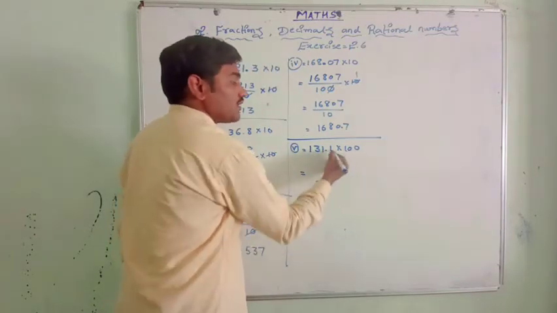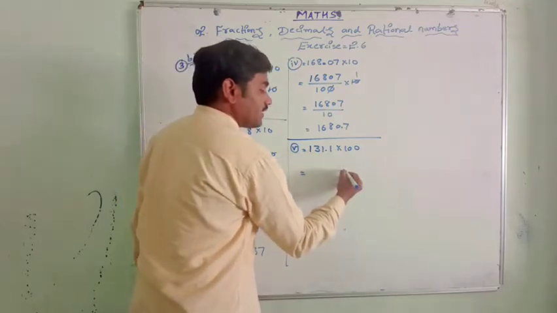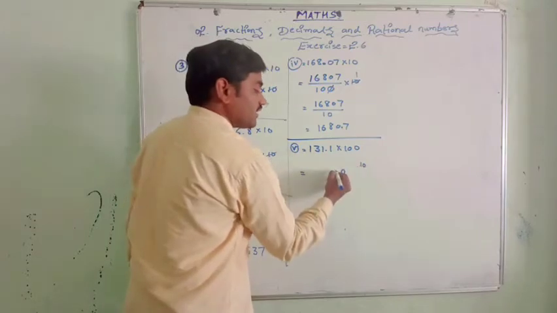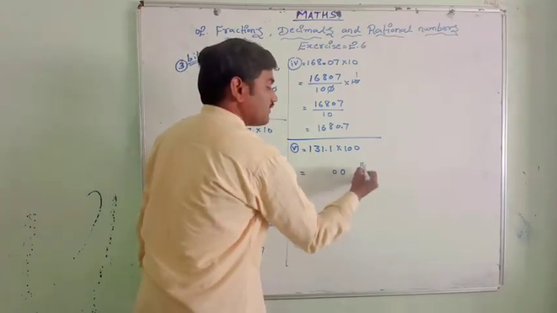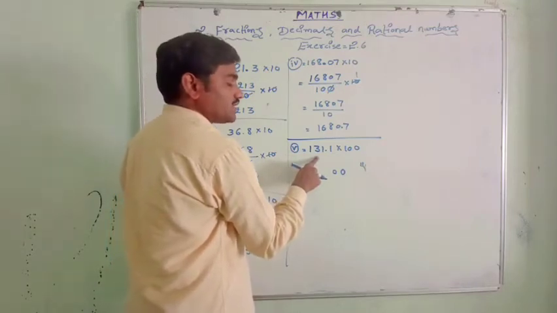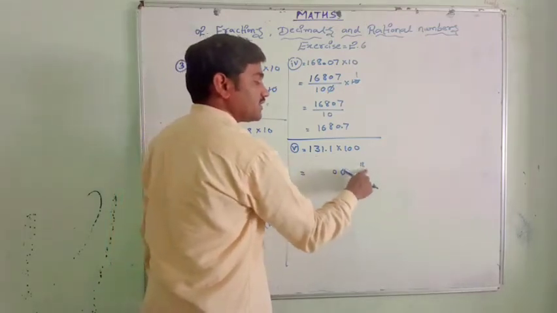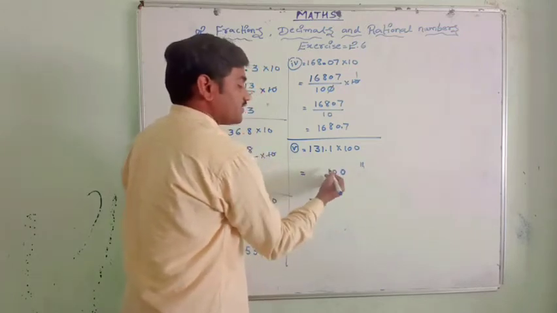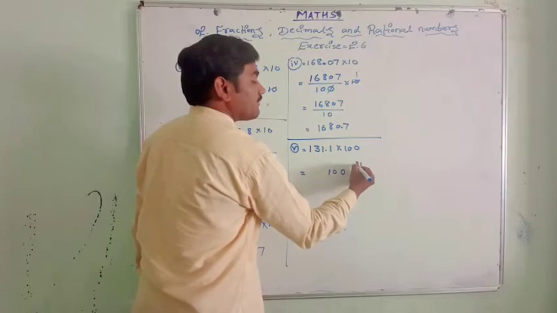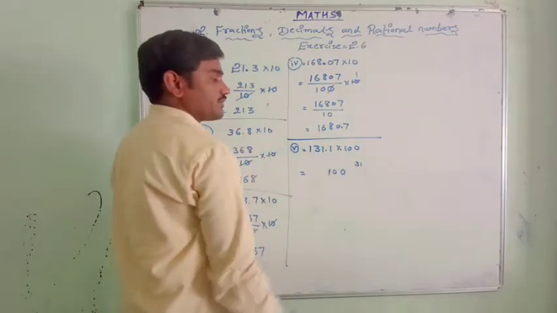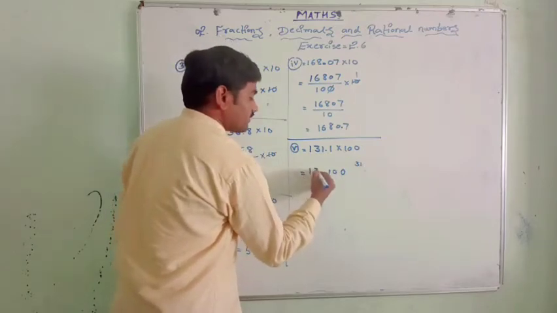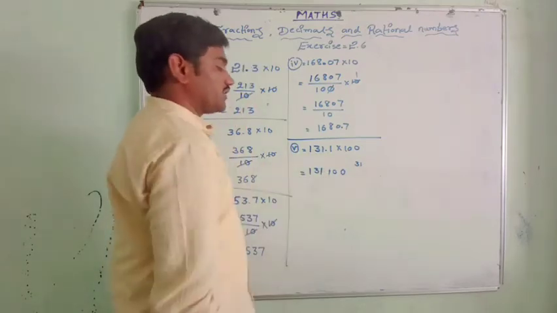See. 100 into 1, 100, that is 0, 10 carry. 100 ones are 100 plus 1, 110. 110, here 0, 11 carry. 100 threes are 300. 300 plus 11, 311. 311, 1 and 31 carries. Yes, 100 ones are 100 plus 31, 131. So we have done completely here.